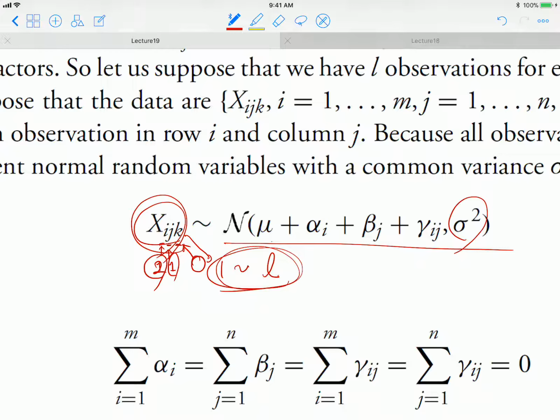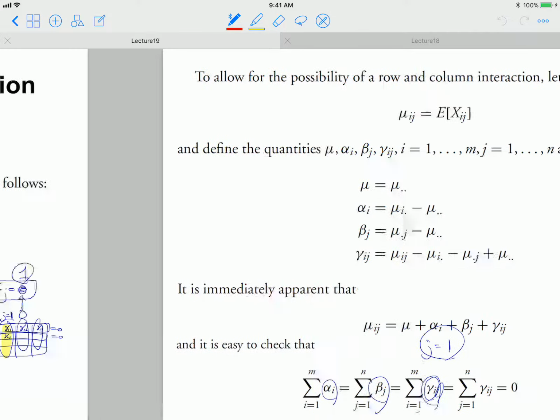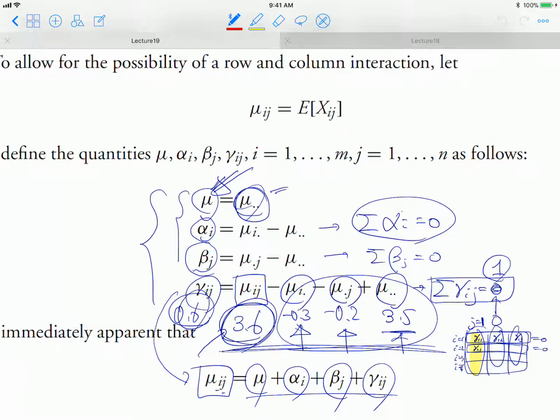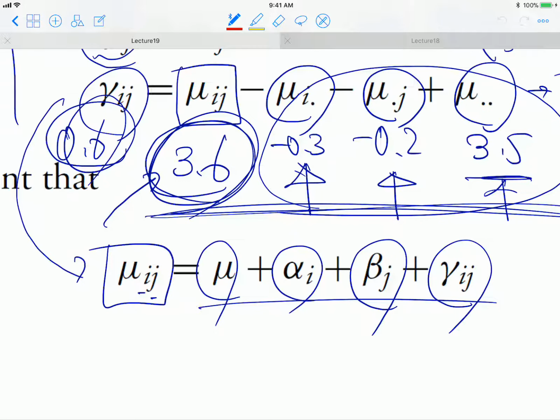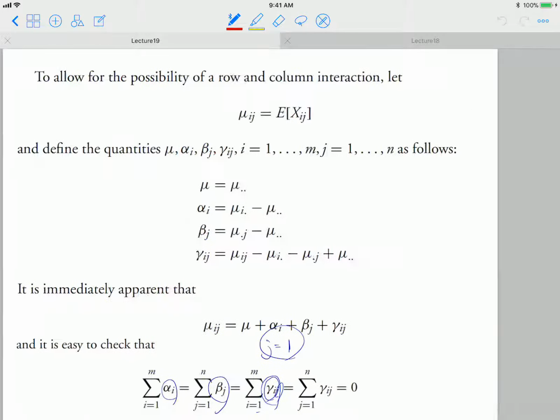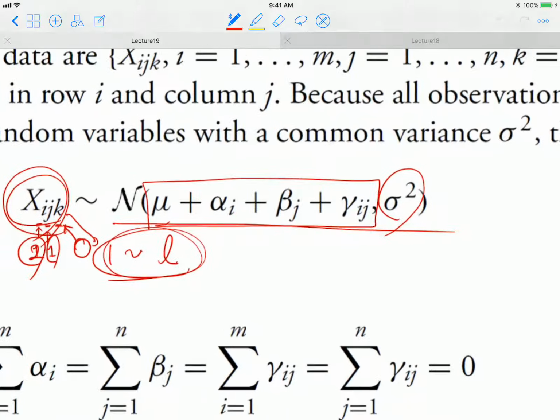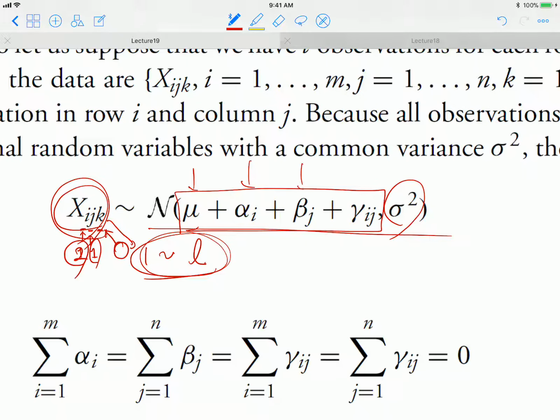And the mean value will be represented in this manner, because that was our original assumption that we started with. So mu ij is represented as this additive model plus the interaction term. If we knew all these parameters, it will follow this Gaussian distribution with this mean and this variance.